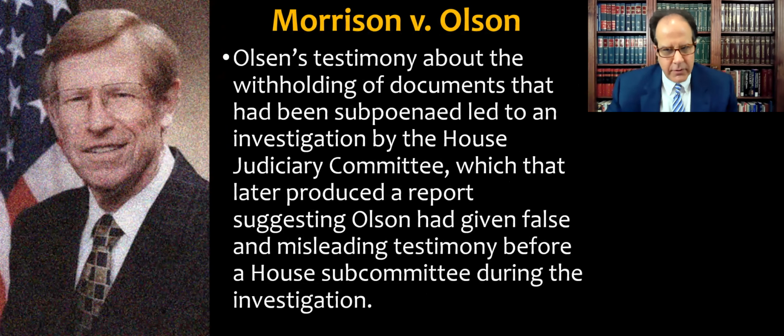Olson's testimony about withholding of documents that had been subpoenaed led to an investigation by the House Judiciary Committee, and they eventually produced a report. Basically, everybody thought that Olson had lied under oath to Congress when he testified. And so they investigated it to verify that he did in fact lie and concluded he had given false and misleading testimony before a House subcommittee during the investigation.